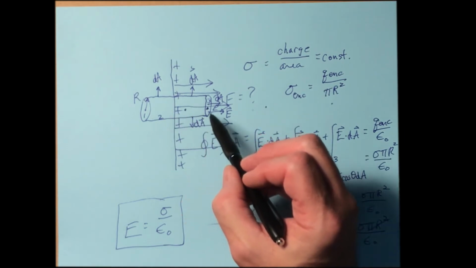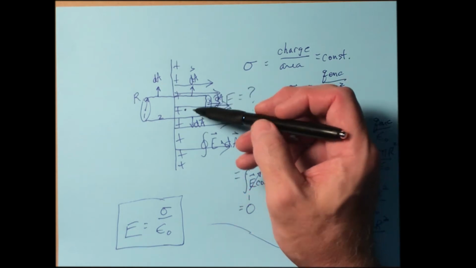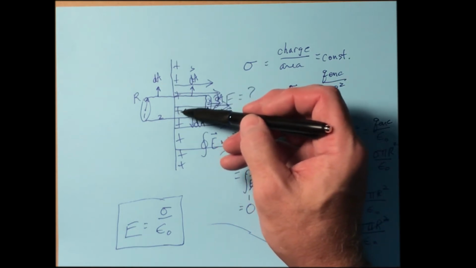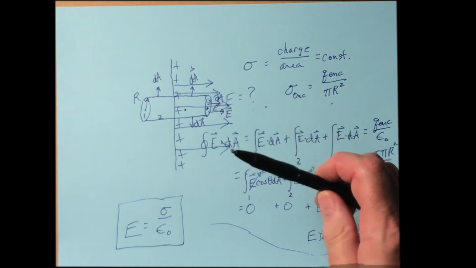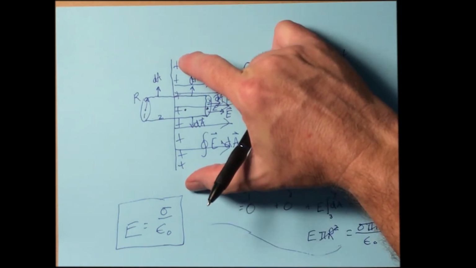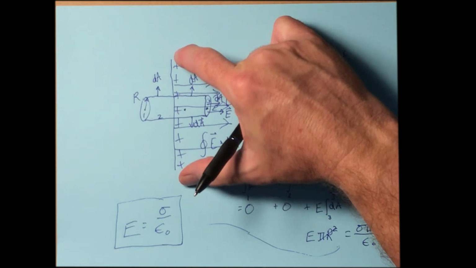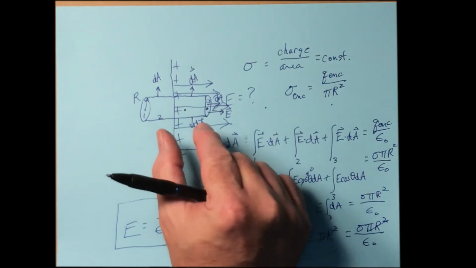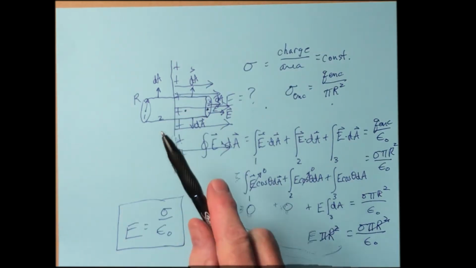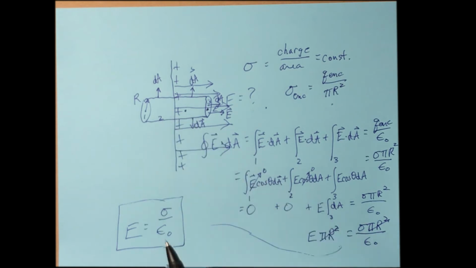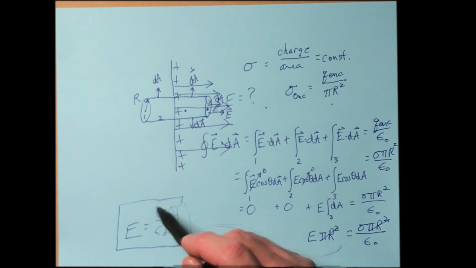Then how far away can you get from it? Well, you need to be fairly close, but the real criteria is how wide is this? If this distance is large compared to this distance, then odds are you're going to have a fairly constant electric field in the central region. And that value is this for that.